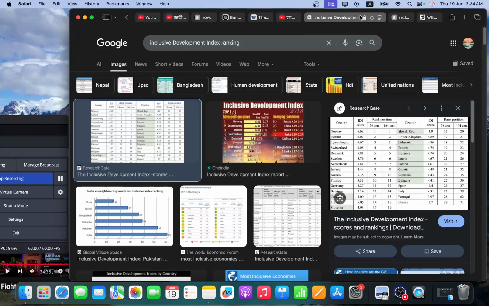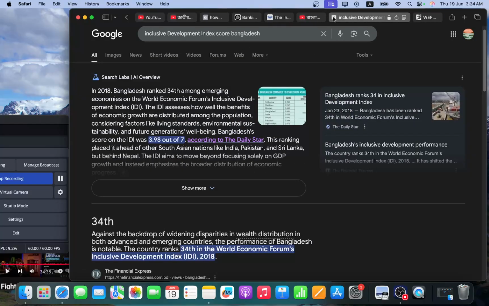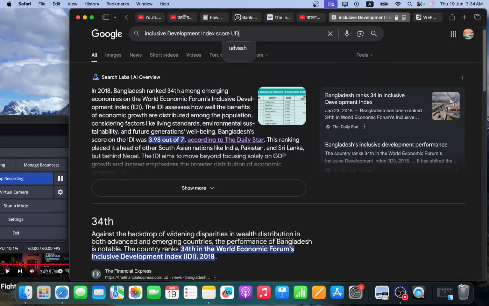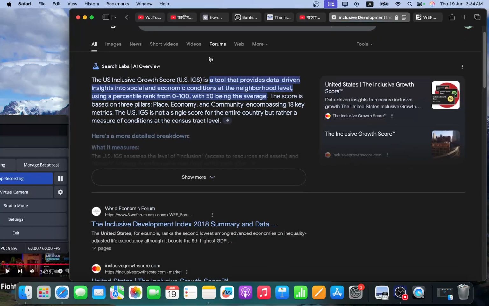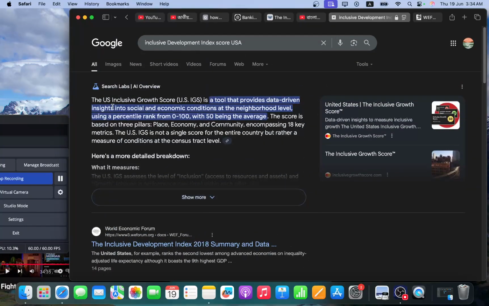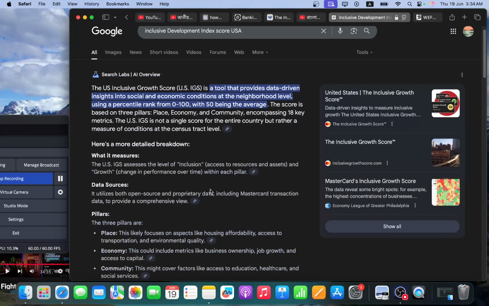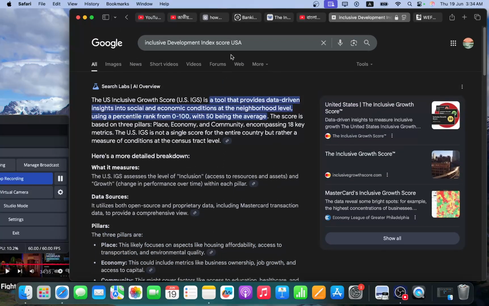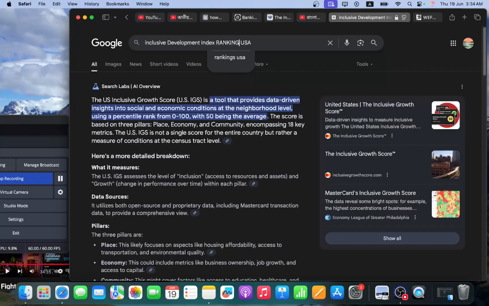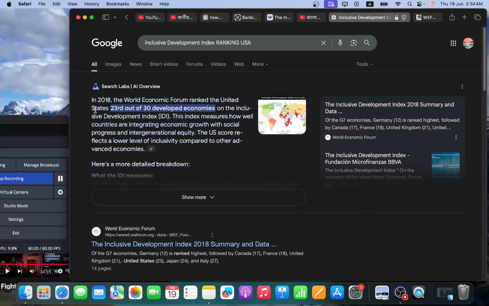Where is USA? What is the code for USA? Bangladesh scored 3.98 and ranked 37. What is the score for USA? The ranking is 23rd.